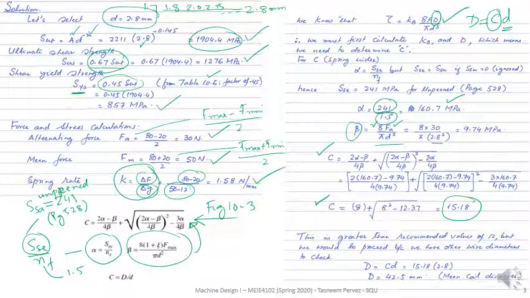So once the C is known, we'll go over here and multiply by the wire diameter, and this is the mean coil diameter. It's straightforward, right? The only thing you need to watch in this case is this guy.